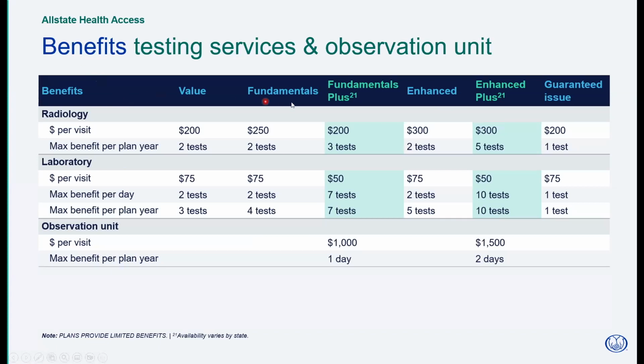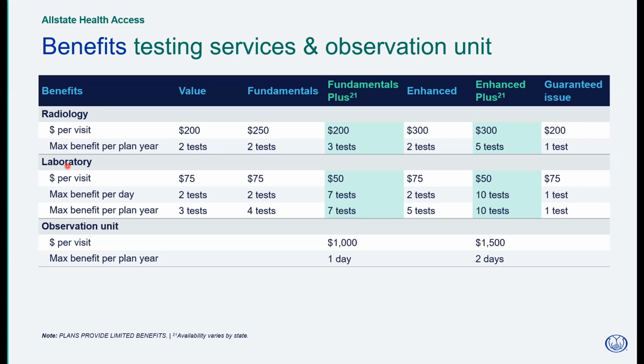Okay, the next section that we're going to look at here is radiology, laboratory, and observation units. So with radiology and laboratory, the benefit also includes the interpretation of the radiology and laboratory services, and is paid as a single benefit.